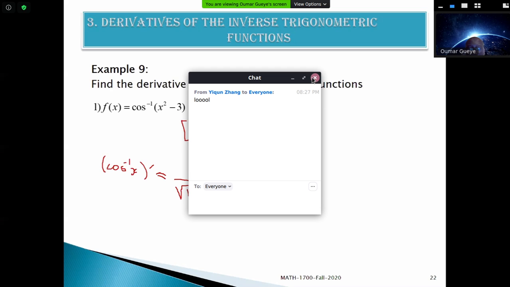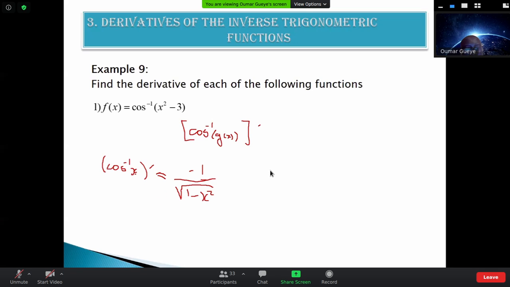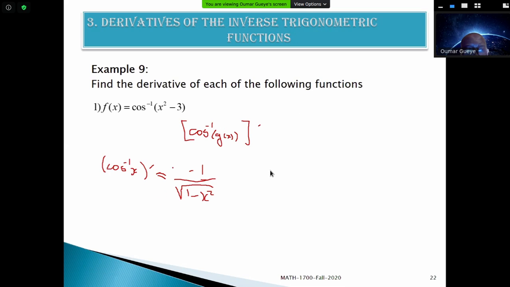So back to the slide, you see it is exactly the same thing. But now we have to apply this formula, and in this case, just keep in mind we have g of x. We don't have x. So that's why the formula becomes, when you differentiate it, negative 1 over square root of 1 minus g of x squared, because we have g of x.